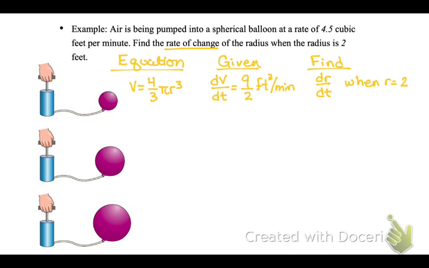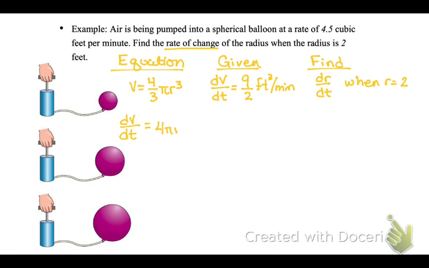Okay, so what do I need to do? Find the derivative. The only equation I have is V. Before we've had r, but there's really not an equation for radius, is there? No. So dV/dt equals what? 4 pi r squared.